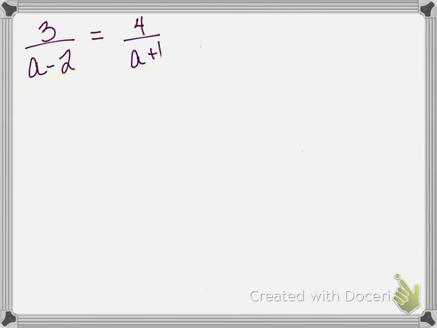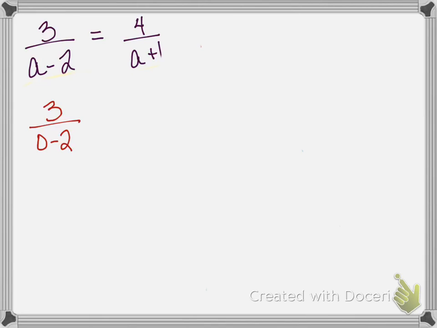So what we are going to do here, the first thing that we're going to do is find out what values can A not be. Okay? If I plug 0 in for A, in 3 over A minus 2, what do I get in my denominator there? Negative 2. So is 0 okay in this one?